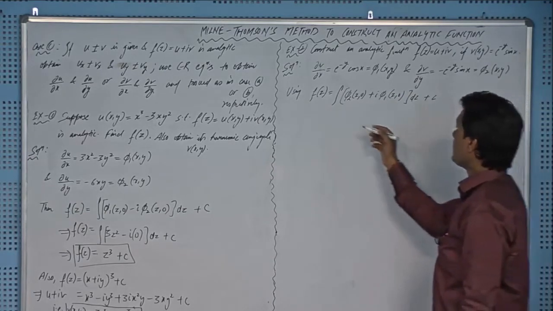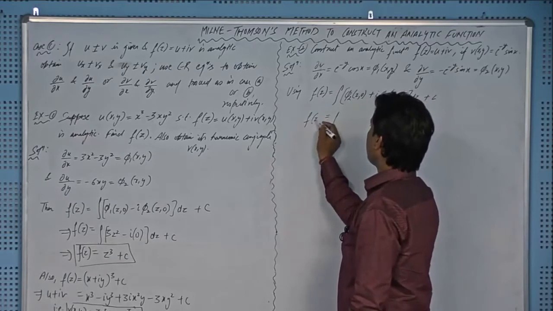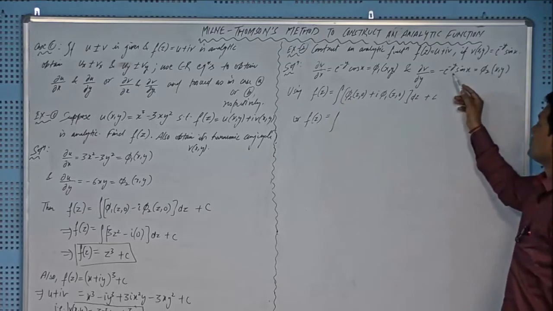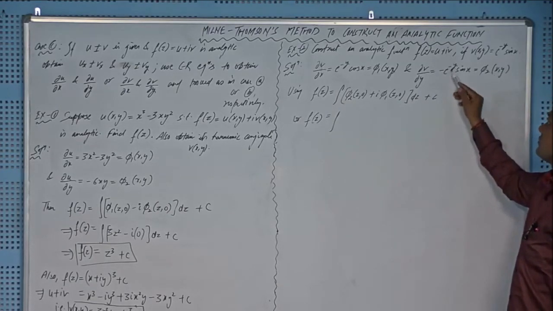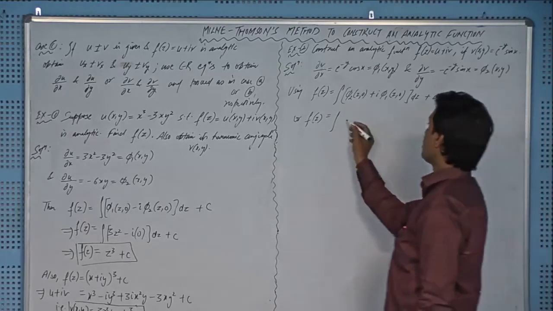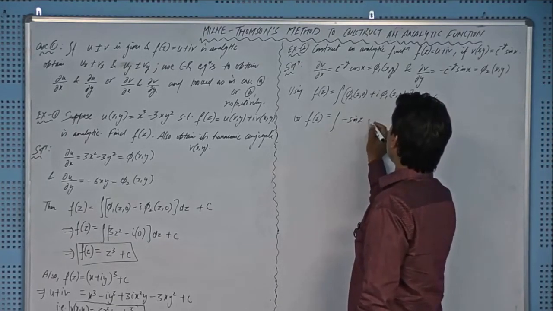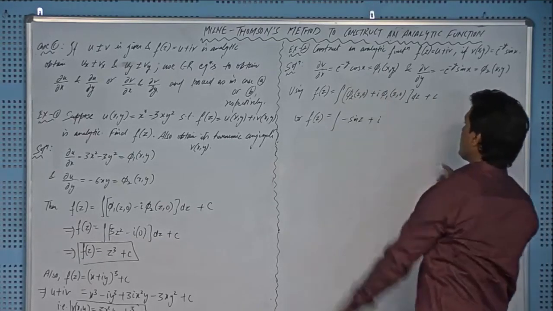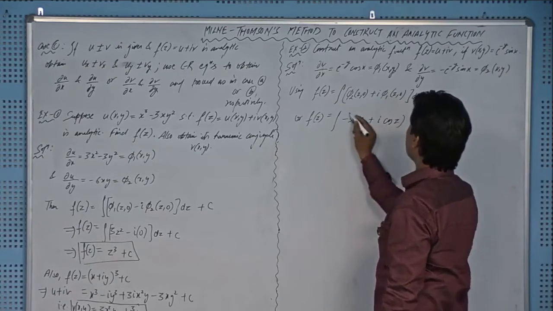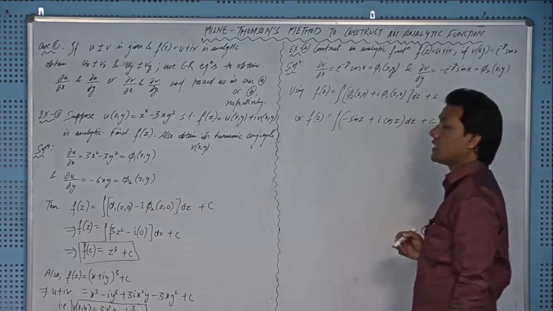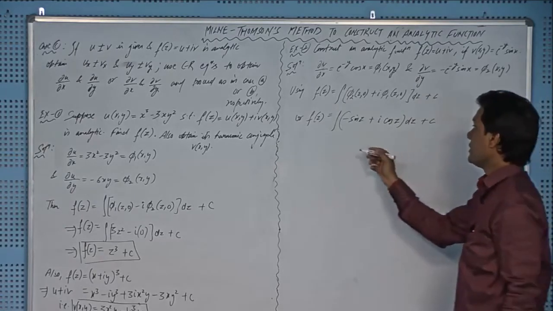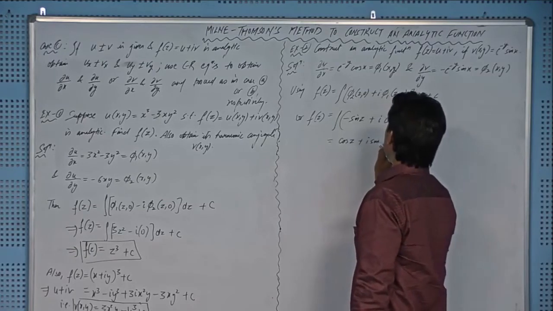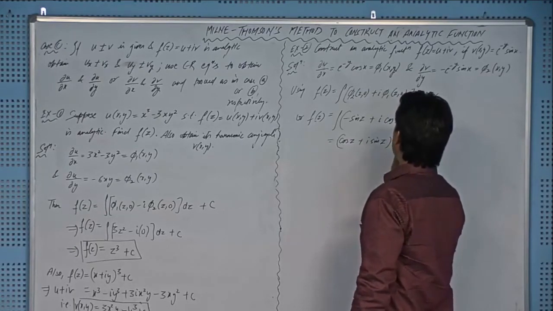And then plugging these values here, this is my phi 2, put x equal to z and y equal to 0, you will get minus sin z, right? Minus sin z, and plus iota phi 1 z 0, put cos z, dz plus c, right? And you can integrate it with respect to z. You will get integration of minus sin z will be cos z plus iota sin z plus c, right?